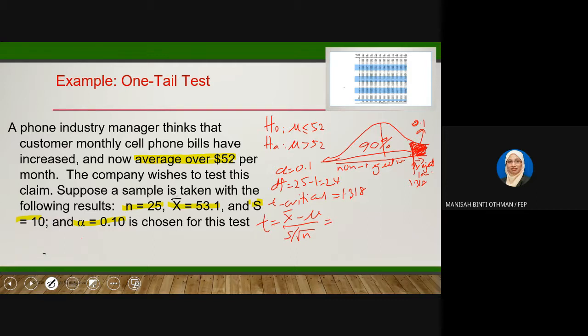So x bar is 53.1, minus 52, divided by 10 per root 25. To calculate the t value, it's 0.55.